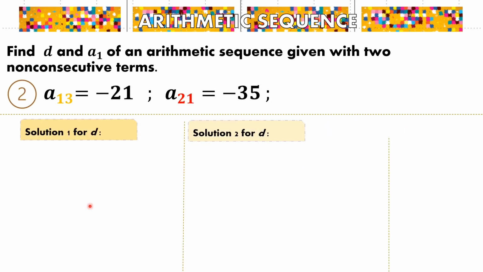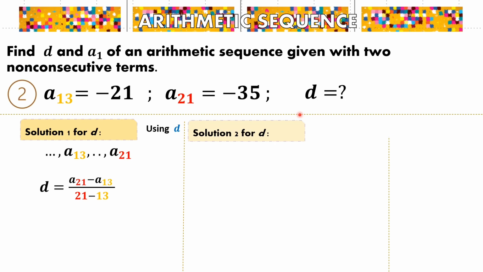Number 2, a sub 13 equals negative 21, then a sub 21 equals negative 35. Let's find d. So I'll be showing you two solutions for d. The first one is d is equal to a sub n minus a sub k all over n minus k. Substituting the values of n and k, which is a sub 21 minus a sub 13 all over 21 minus 13.